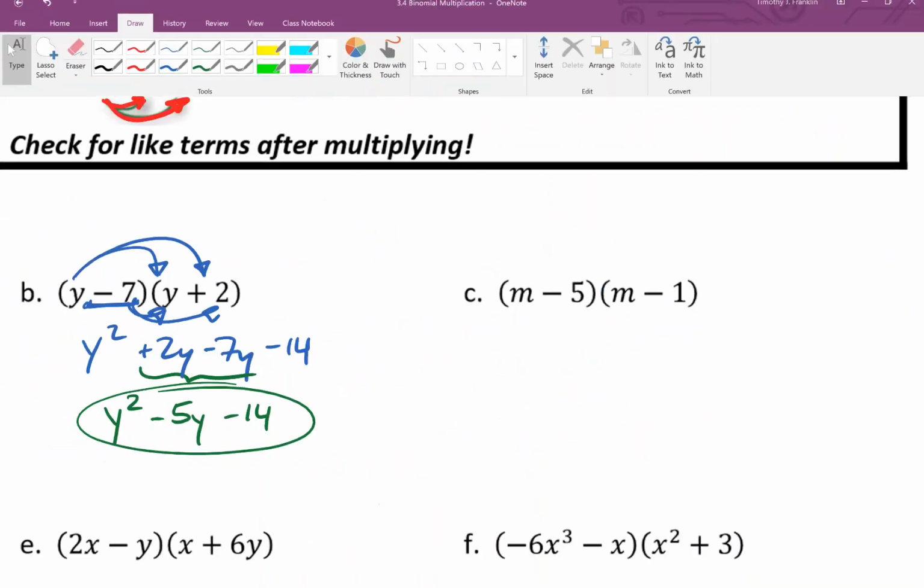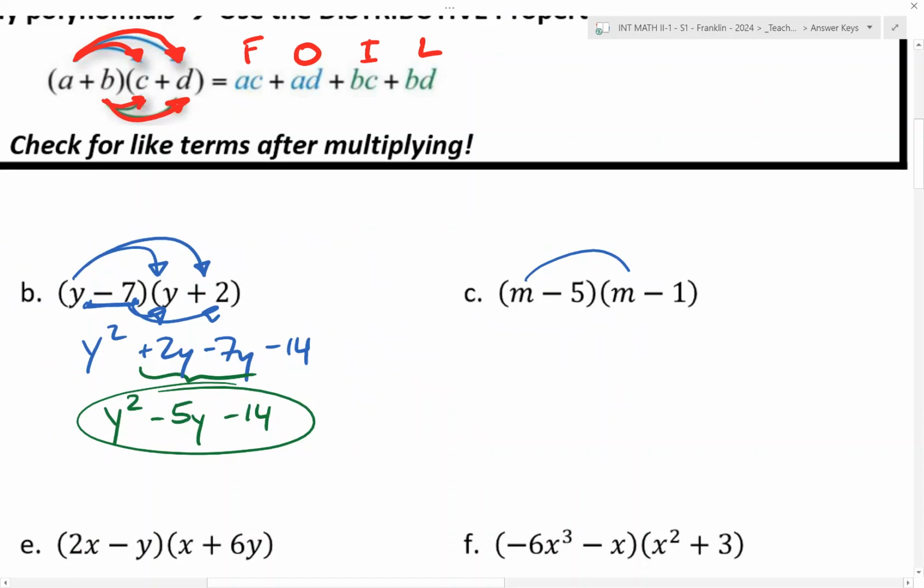Okay, example C. M times m, that's m squared. M times negative 1 is negative 1m. And then we have a negative 5. So negative 5 times m is negative 5m. And negative 5 times negative 1 is positive 5.